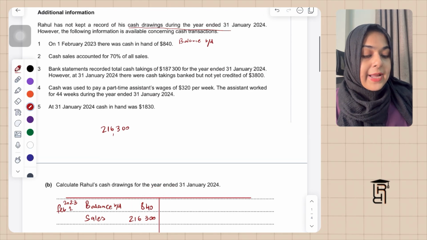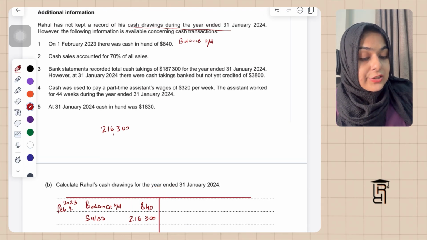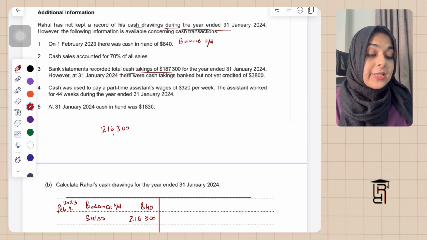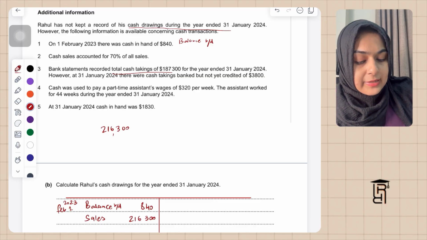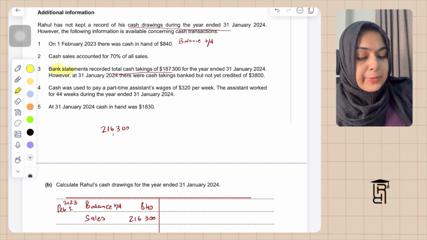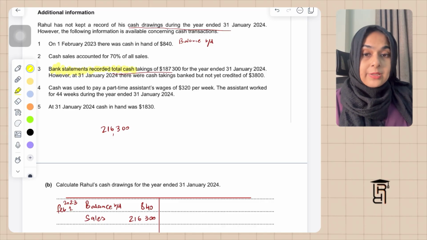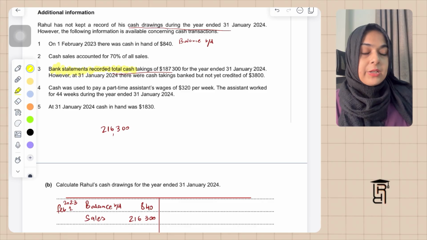And then they're saying bank statements recorded total cash takings of 187,300 for the year ended 31st January 2024. However, at 31st January 2024, there were cash takings banked but not yet credited of 3,800. They are basically telling you that on the bank statement, there was a certain amount that we transferred from the cash account into the bank account. That was what we deposited in the bank.